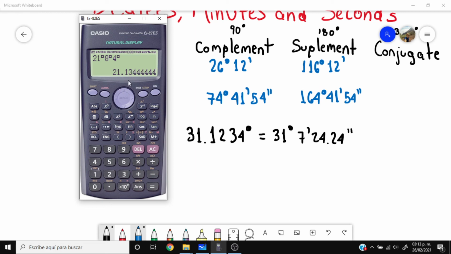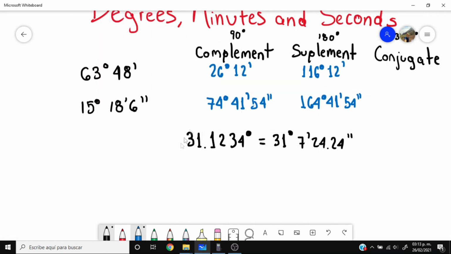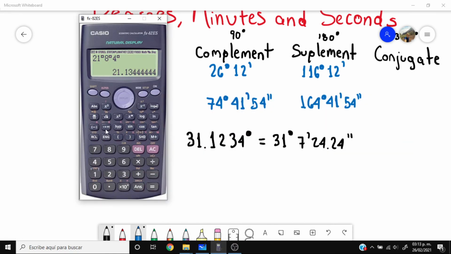So it's going to give me the decimal number. If I press it again, I'm gonna have the degrees, minutes, and seconds. Oh, I see that there is no need to press the shift key. This button over here is gonna give me the decimal number and the degrees, the minutes, and the seconds.